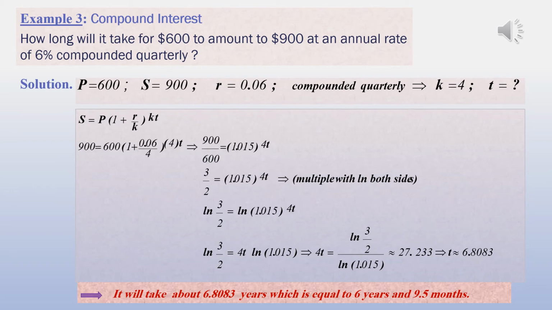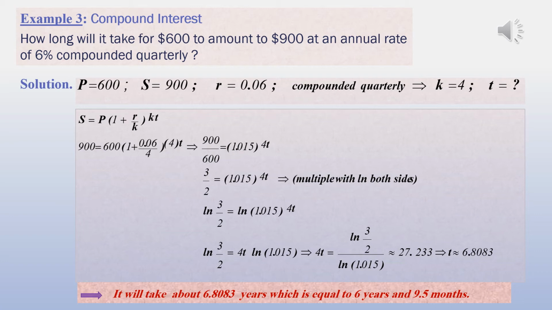Example 3. Compound interest. How long will it take for $600 to amount to $900 at an annual rate of 6% compounded quarterly?